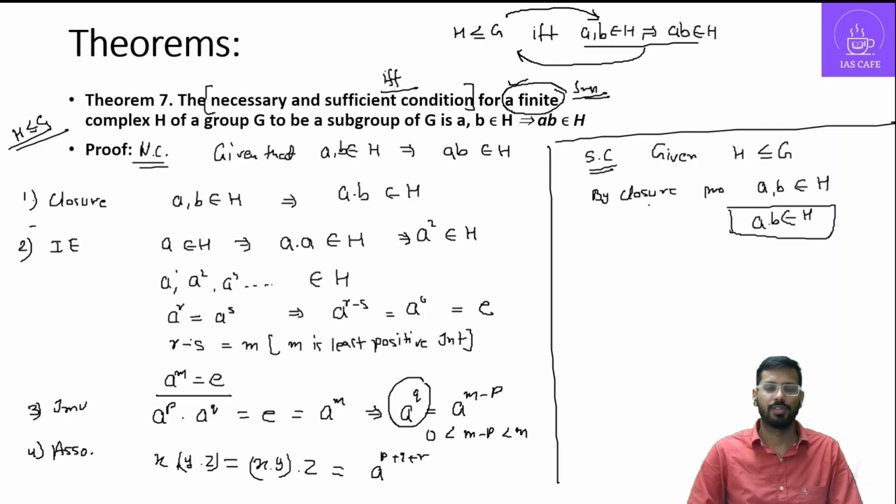Okay, so the sufficient condition is also satisfied here. So from these two, we can say that H is a subgroup of G if ab belongs to H. That is important. We will use this property in our subsequent theorems and examples.